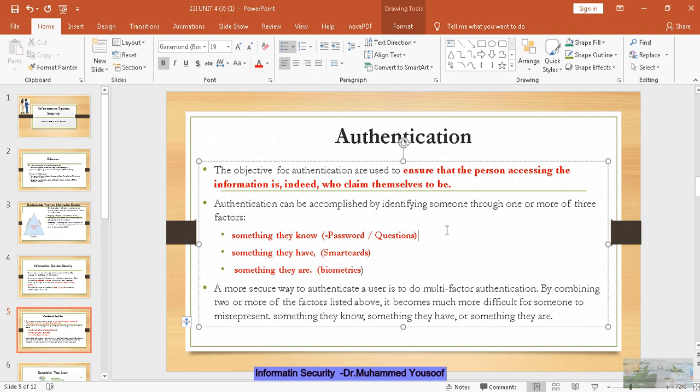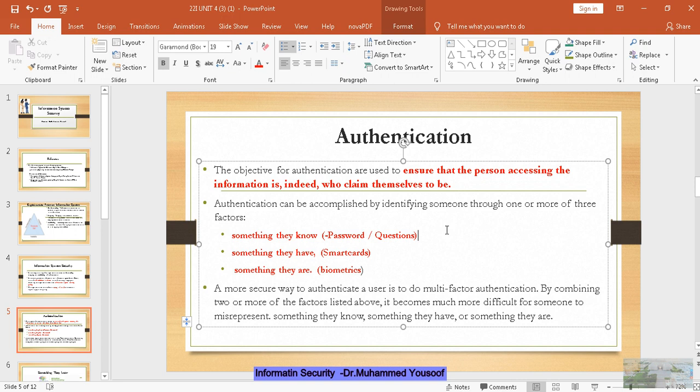So in this case, this data is compromised not because of the fault of the information security procedure, but because of the negligence, carelessness of the customer or the end user. So now you understand what is authentication.